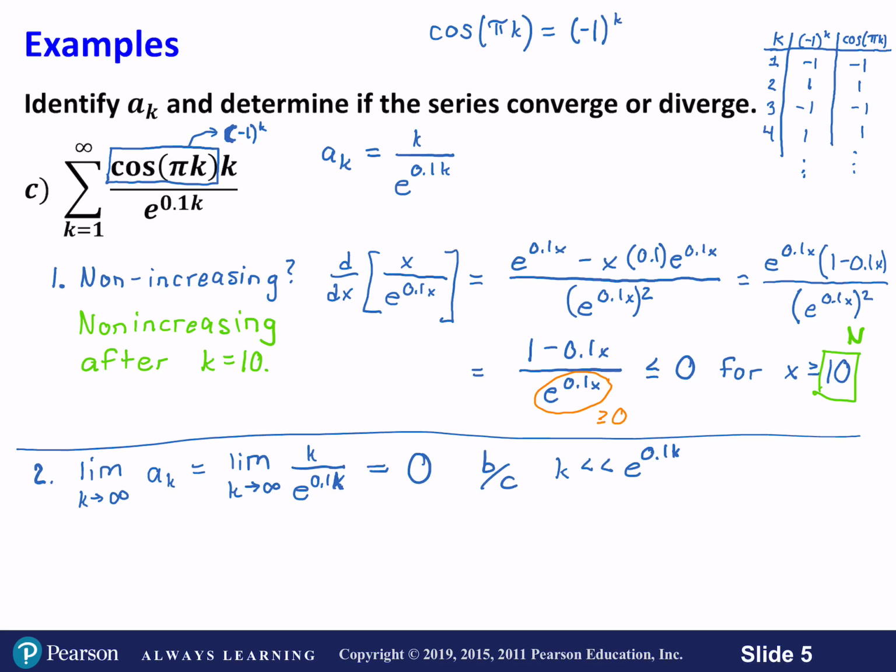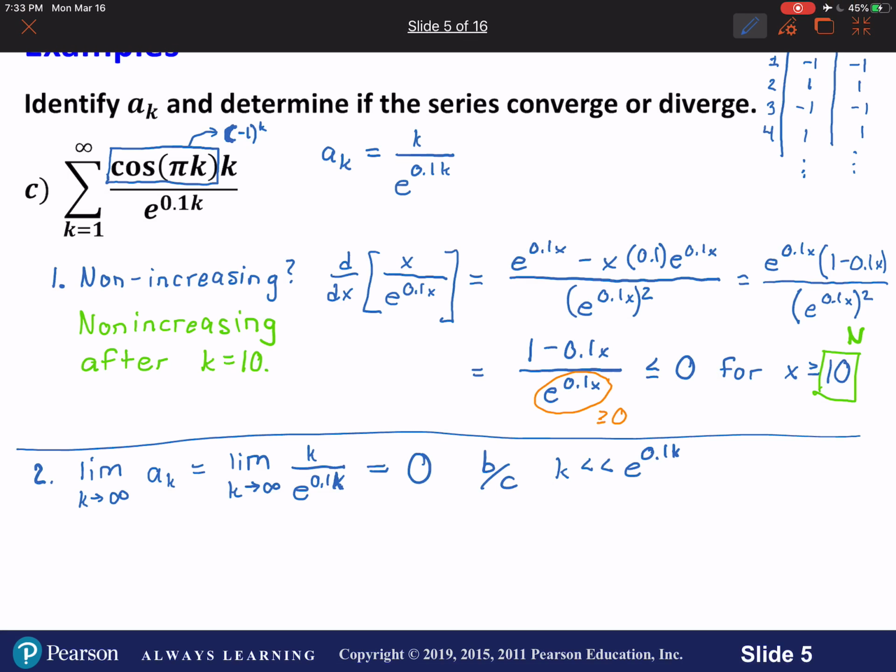All right, so this series satisfied both conditions, namely that it was non-increasing and that the limit was 0. So we are going to write our conclusion in words.